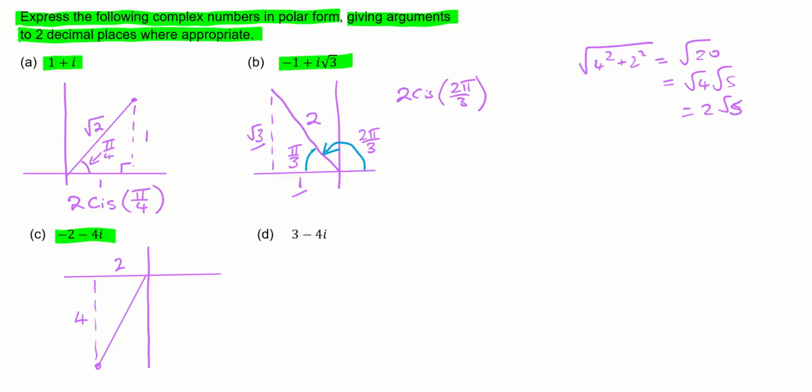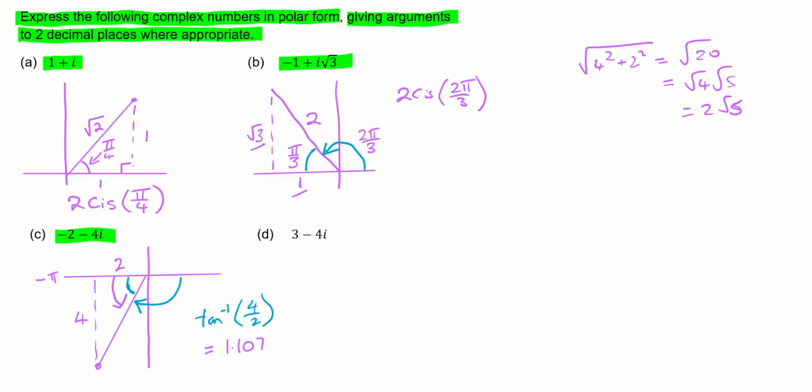And the argument is going to be this angle here. Initially we'll work out this one here using the inverse tangent of 4 divided by 2. And that would give us 1.107 radians. So with this being -pi, that means we're going forward 1.107.